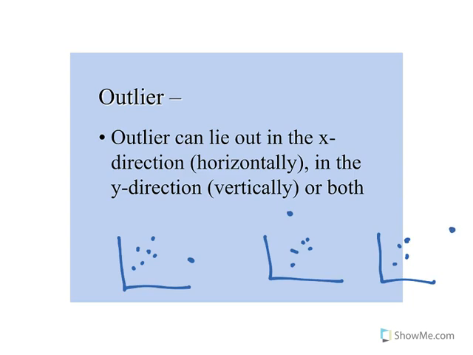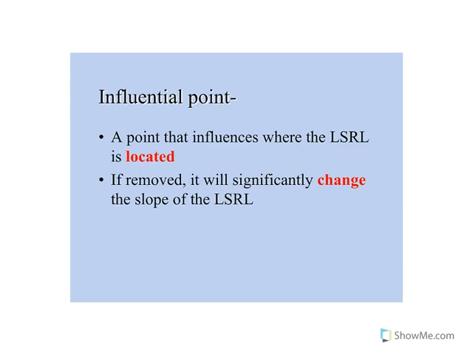Now, we also have another term. We know that if it falls outside of the overall pattern for our scatter plot, it's an outlier, but what is an influential point? An influential point is a point that influences where our line of best fit is located. That means if we remove the point, it would significantly change the slope of the least squares regression line.